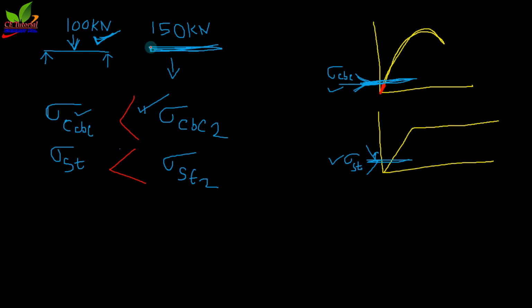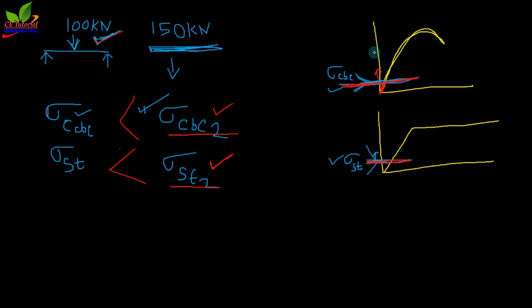So if we exceed the applied load, then obviously in our real life structure stress will also increase. And IS code provides us only this limitation for concrete and only this limitation for steel. So where is sigma CBC 2? Where is sigma ST 2? What is the position of sigma CBC 2?